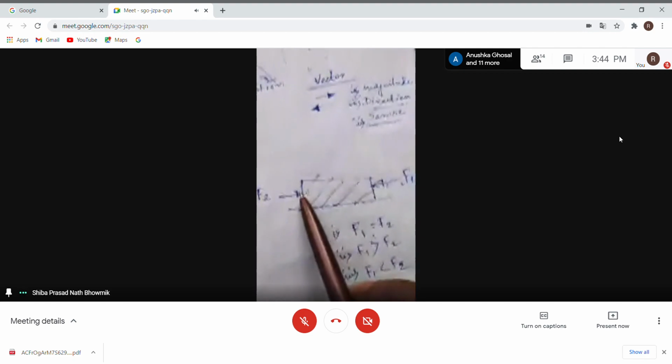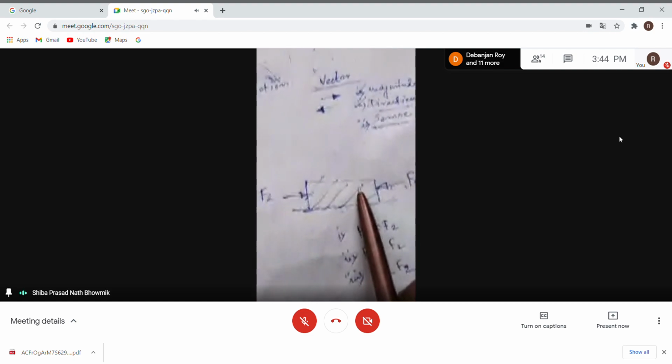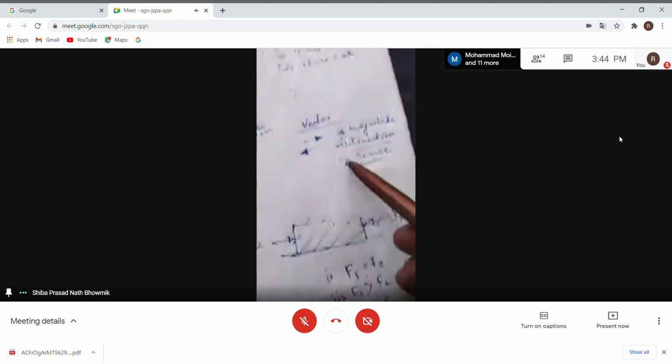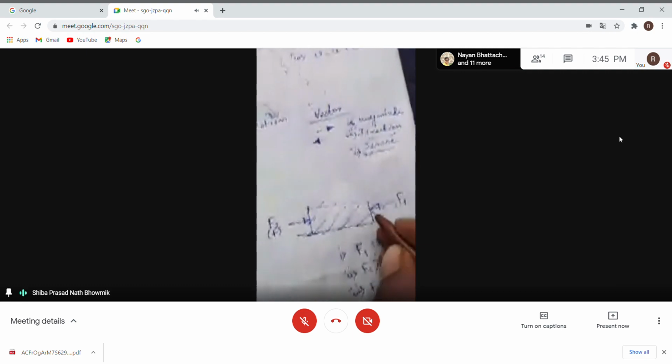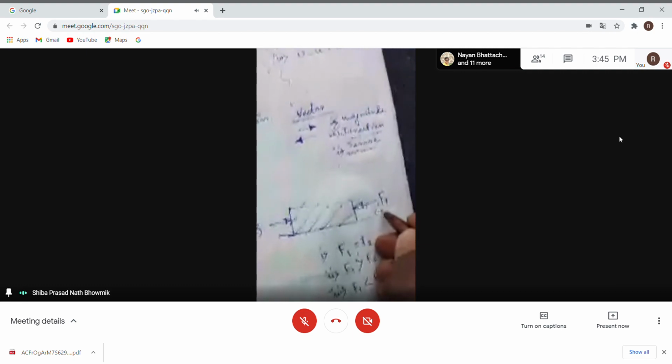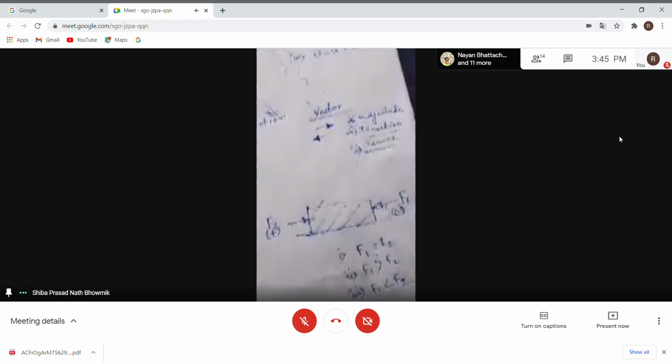One is opposite to the other. If it is acting in this direction, the other is acting opposite to it. That means the sense, say I am saying it is a positive force, then as it is acting opposite to it, it is considered a negative force. That means opposing the motion, right?